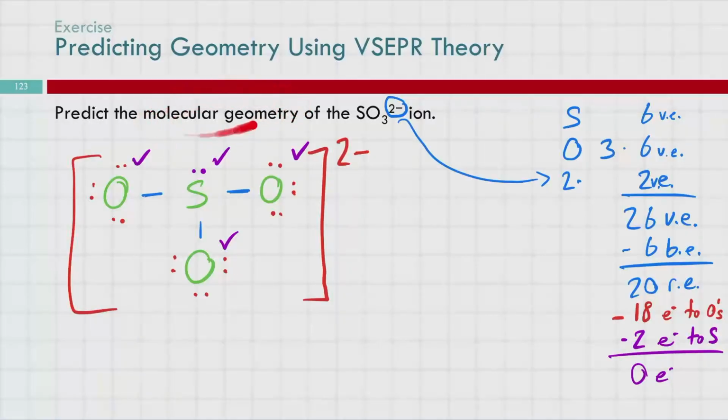Now we need the molecular geometry part. So how many groups do we have on our sulfur? How many electron groups are attached to our sulfur? 4. We have 4 things on our sulfur. We've got lone pair, bond, bond, bond.